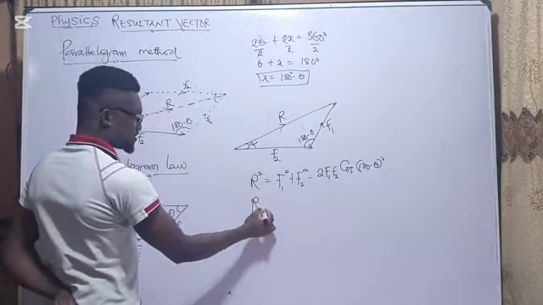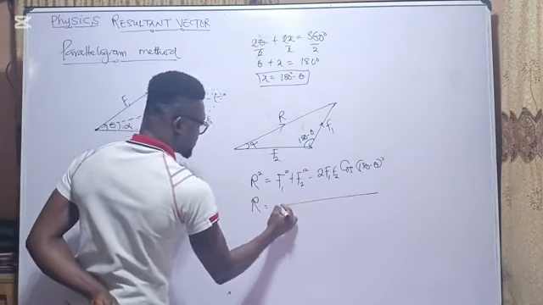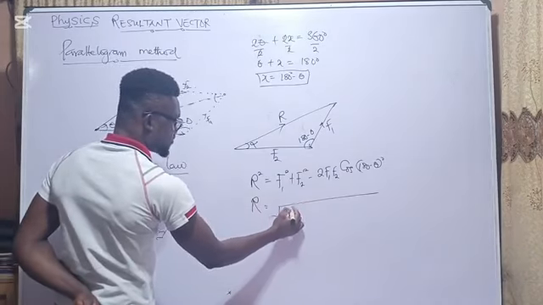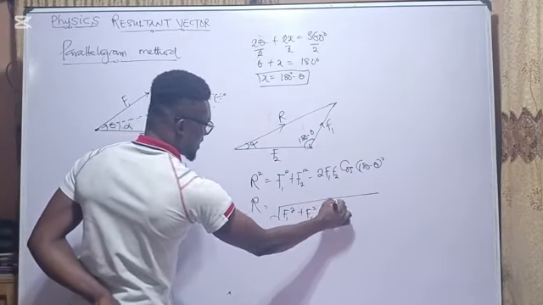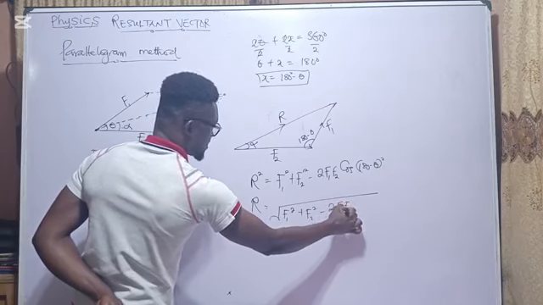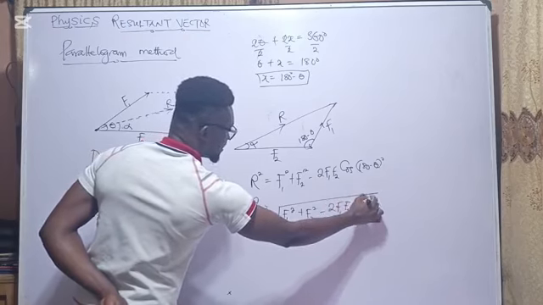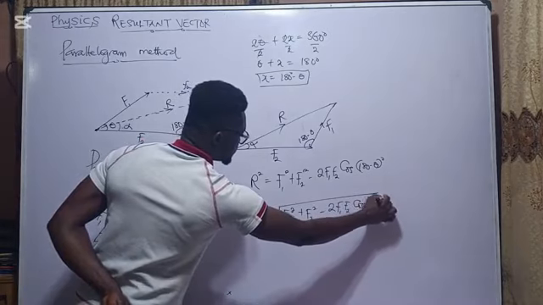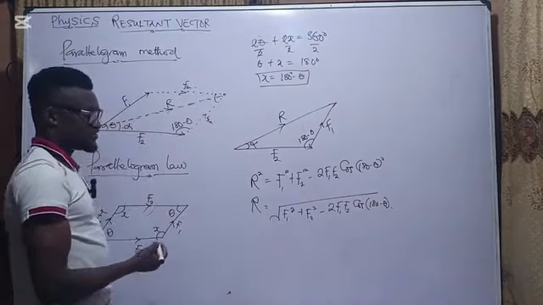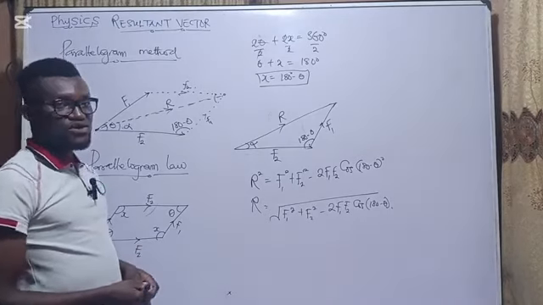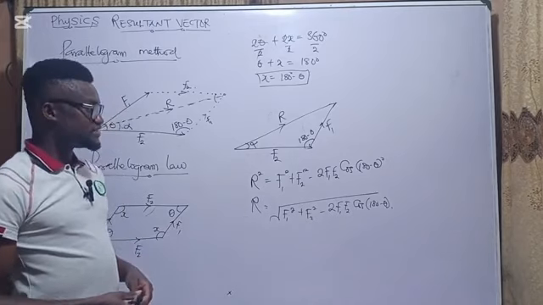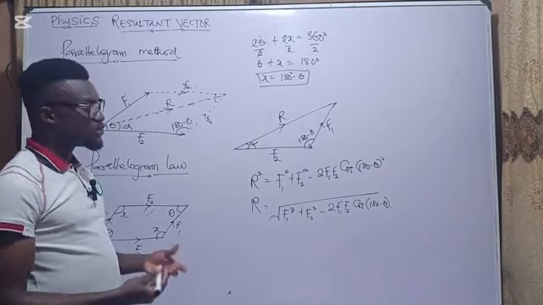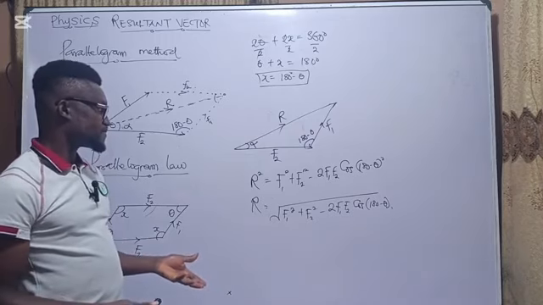So at this point, the resultant vector becomes the square root of F1 squared plus F2 squared minus 2F1F2 cosine of 180 minus theta. That gives the resultant. Okay, now if you want to obtain the direction, you can employ the sine rule.